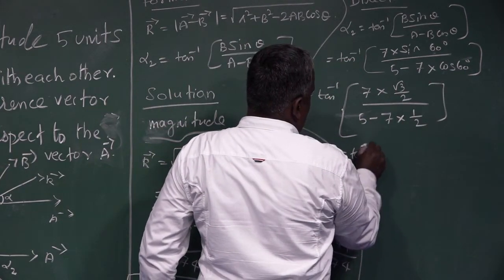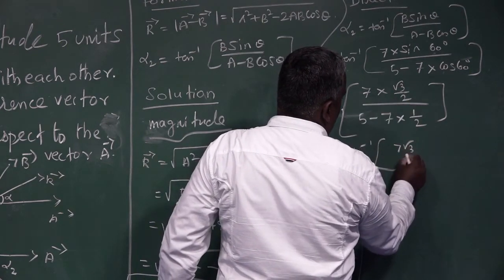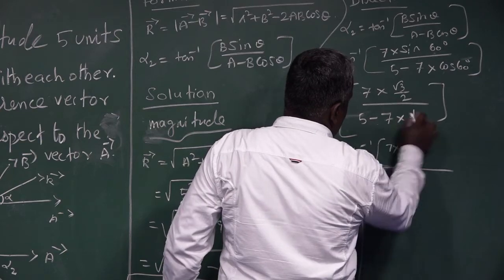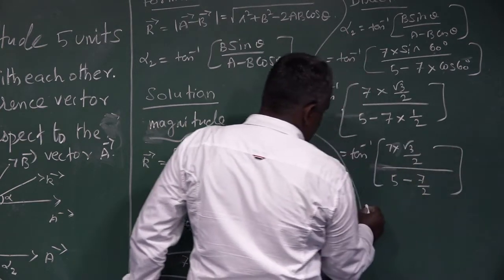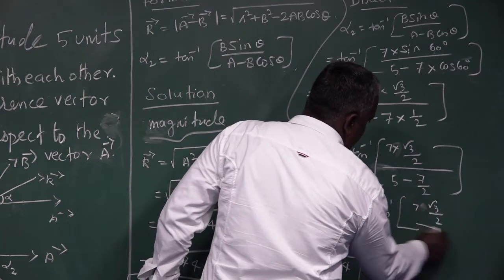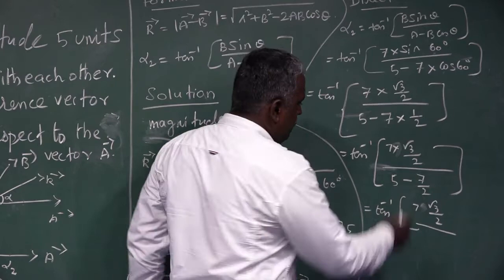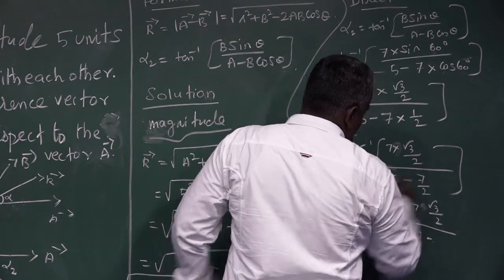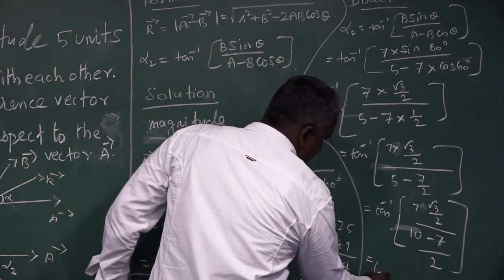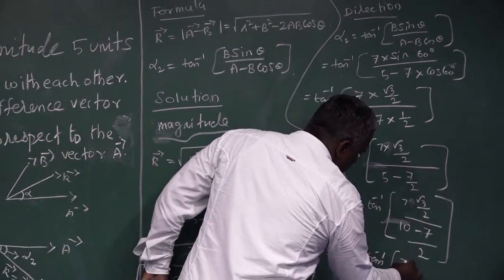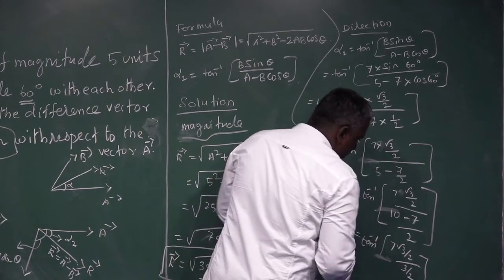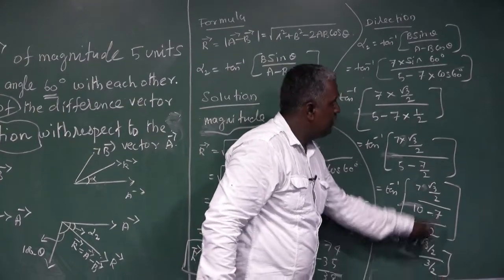So tan inverse of 7 into root 3 by 2, divided by 5 minus 7 by 2. Cross multiplication: 2 fives are 10, so 10 minus 7 is 3 by 2. See here properly: tan inverse of 7 into root 3 by 2 divided by 3 by 2.